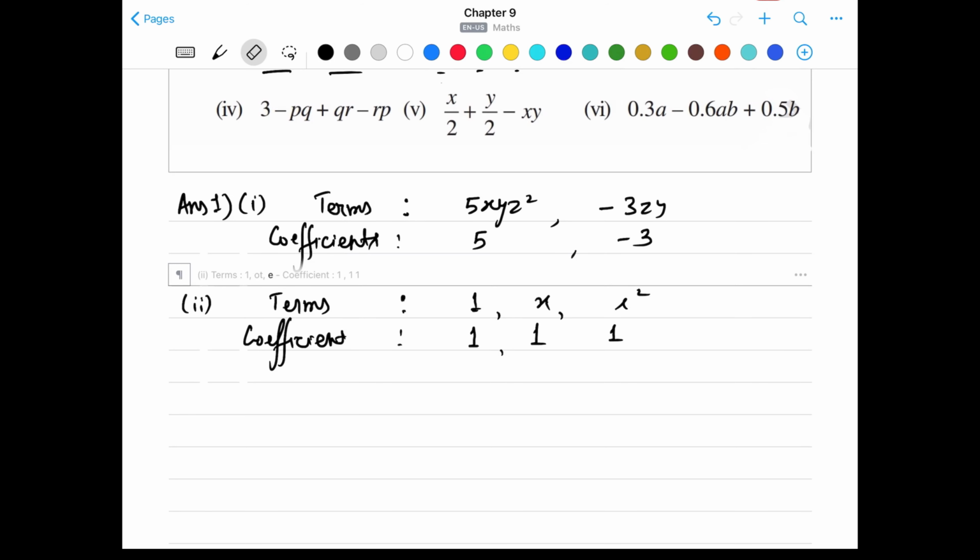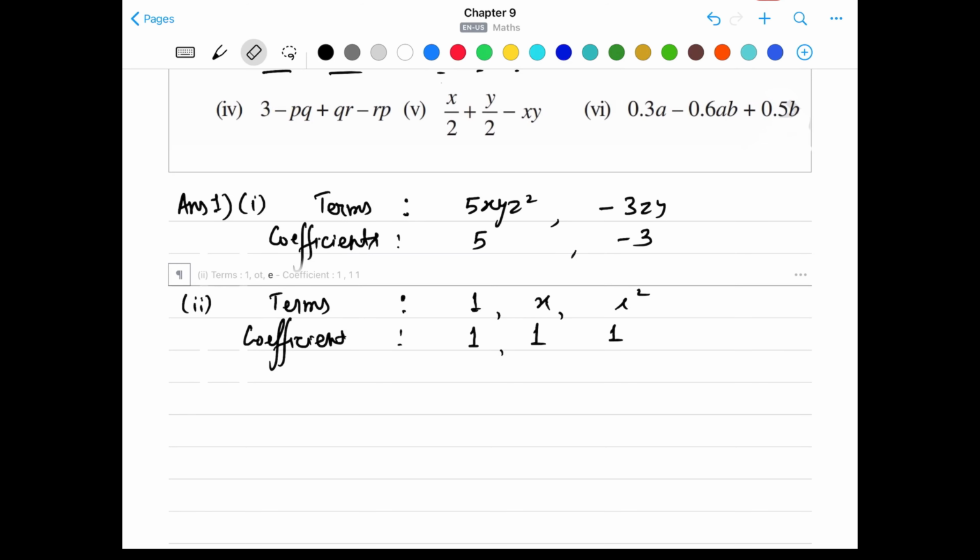Now we have 4x square y square. So first we'll write the terms. Here we have again three terms: 4x square y square, minus 4x square y square z square, and plus z square.